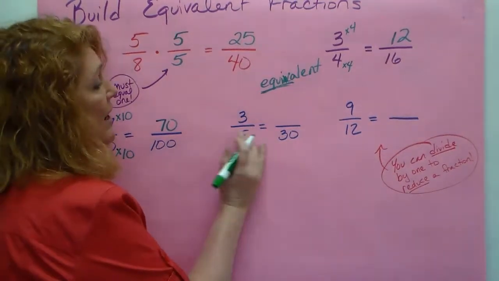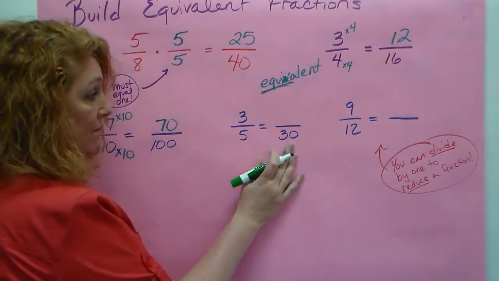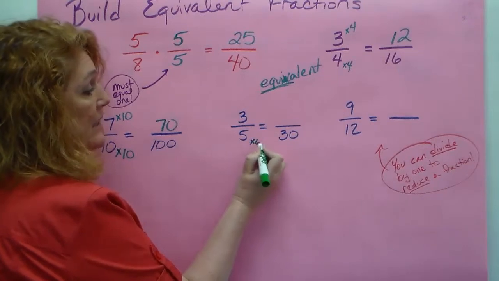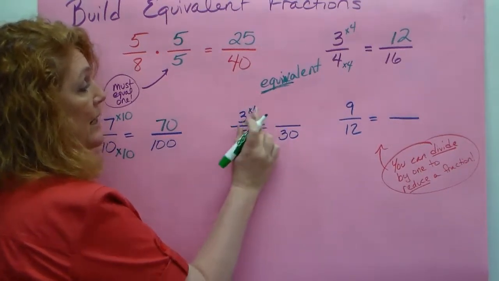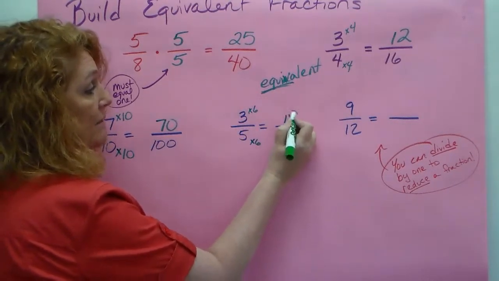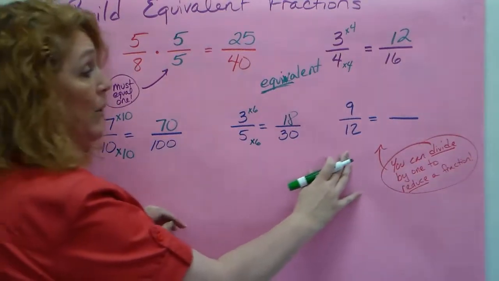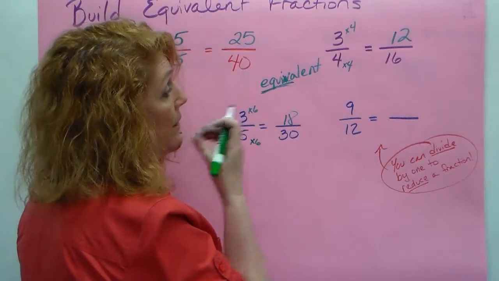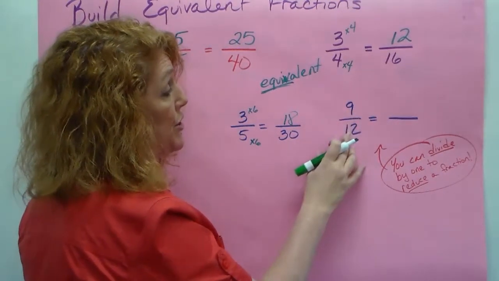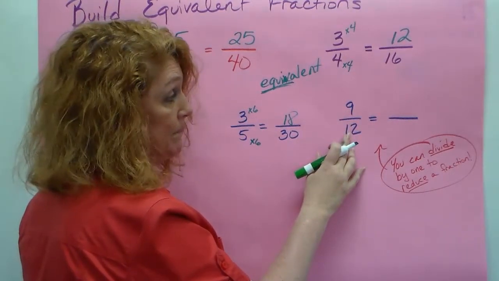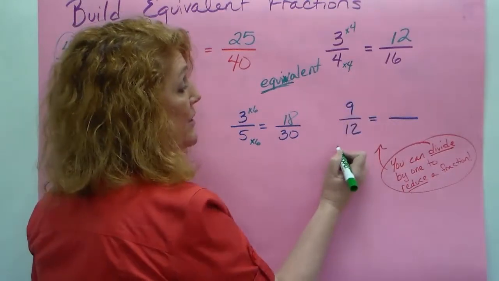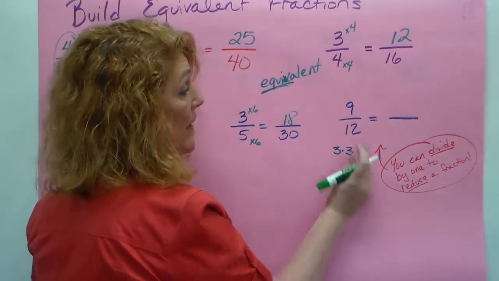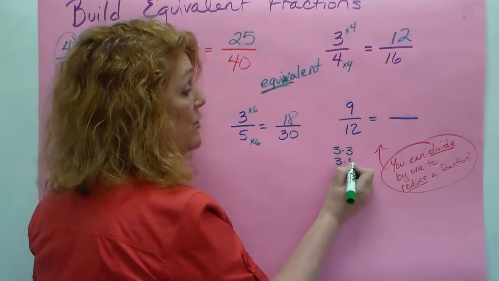That's all we're doing. 5 times what equals 30? 5 times 6. And 3 times 6 is 18. And here we've got one that we have to reduce, just like we did earlier. So what do I need to reduce 9 and 12 by? Well, I know that 9 is 3 times 3, and I know 12 is 3 times 4.